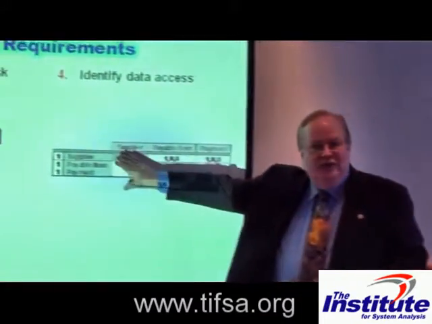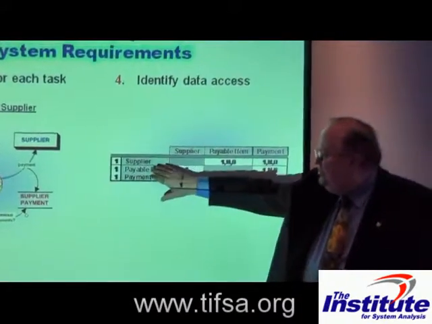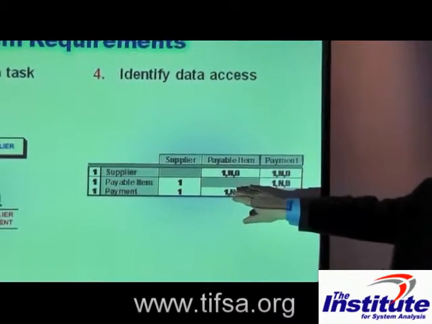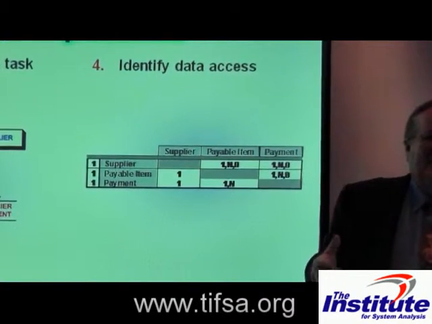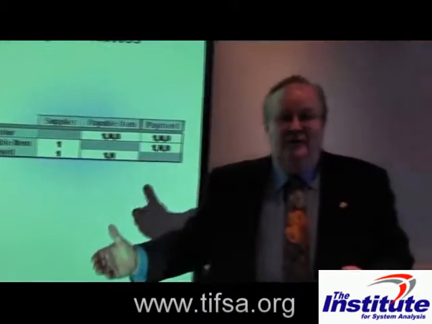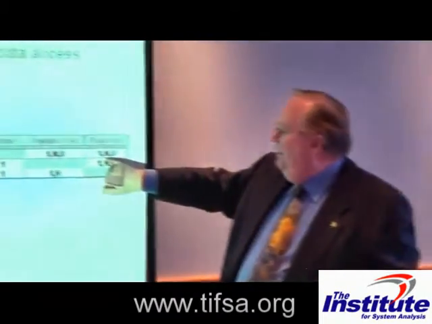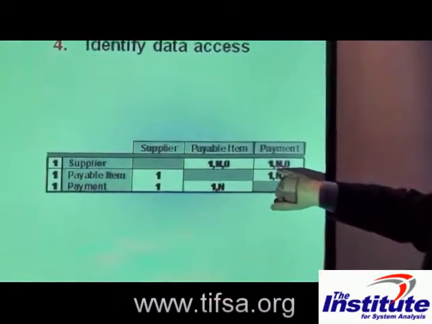They also have to identify the data accesses. Well, you'll remember the business rules table. And the business rules table really says these are the required data accesses. Now, from a business perspective, we're really saying, look, we don't care how you get there, but this is absolutely required. From a business perspective, if we know the supplier, we must be able to find the payments that we make to that supplier.